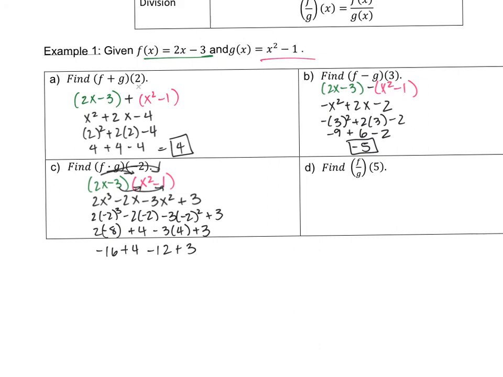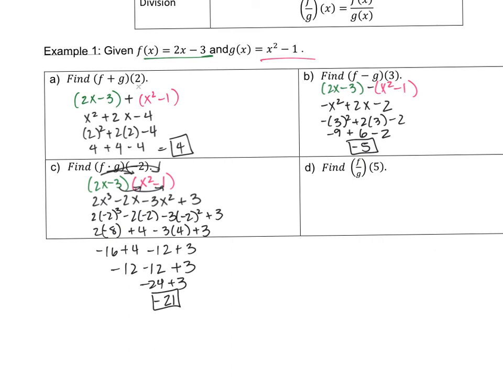So all you're going to do is combine all the terms together. Negative 16 plus 4 is negative 12, minus 12 plus 3. If I add these two together, that's negative 24 plus 3. I'll just write it out so I don't make mistakes, that would be negative 21 as my final answer.